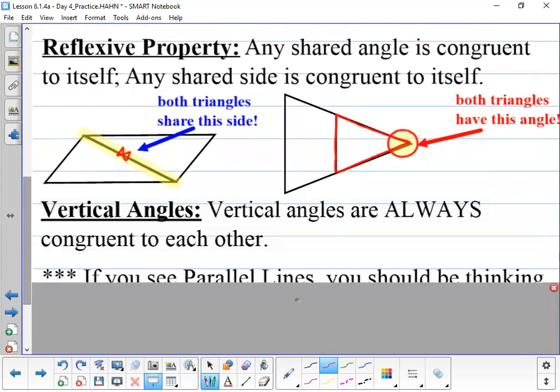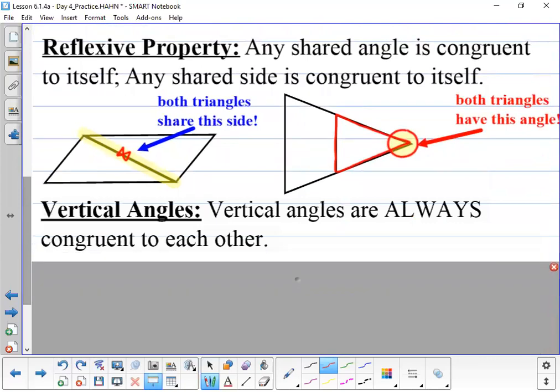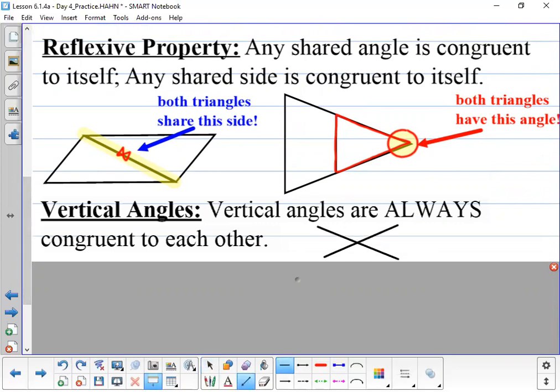Other things that I want you to remember that you're going to see a lot in this chapter with congruent triangles is vertical angles. Vertical angles are always congruent to each other. When we talk about vertical angles, we're talking about 2 lines that intersect, and the vertical angles are across the intersection point from each other.